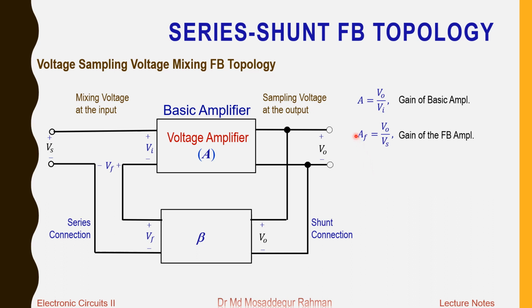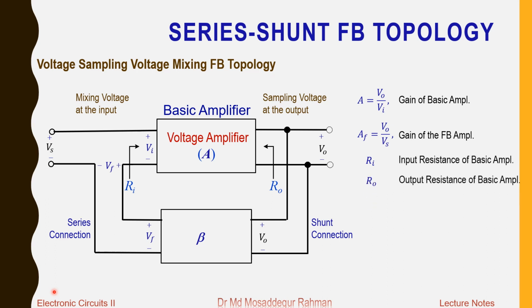Now here our main aim is to determine the other parameters of this feedback amplifier, the input and the output resistance. Apart from gain, the most important parameters for the amplifier are the input resistance and the output resistance.